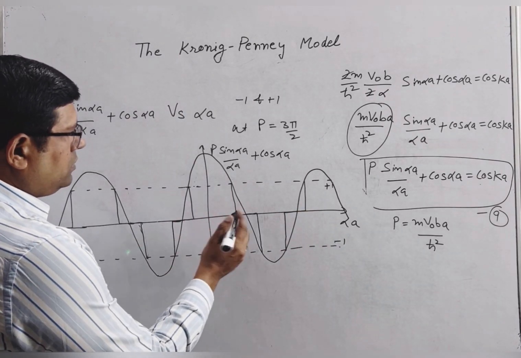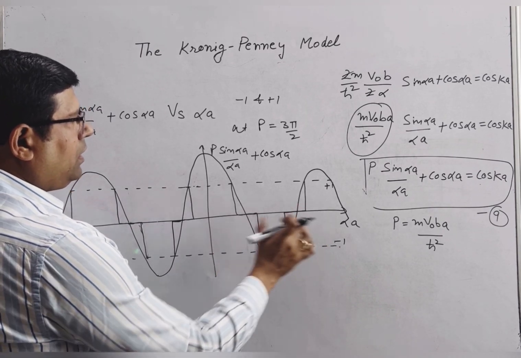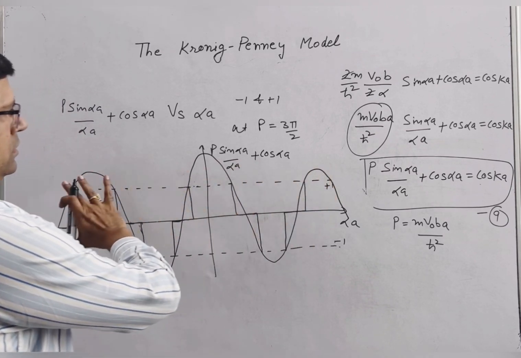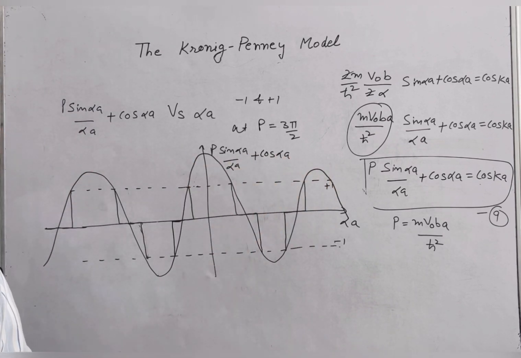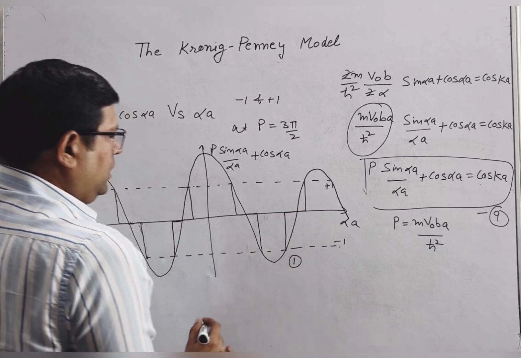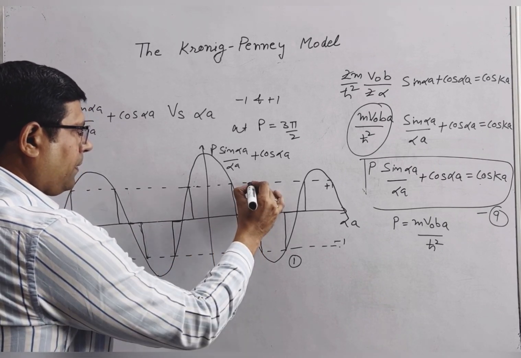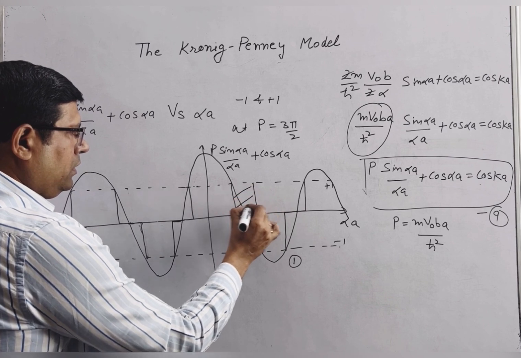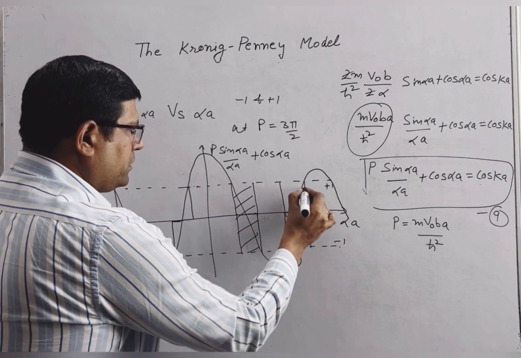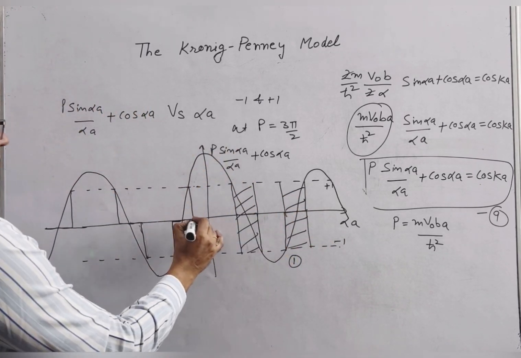Now, only the values shown by these solid lines are permissible. Now, we will conclude from this diagram. Number one is that there are allowed bands. These shaded portions are allowed bands separated by forbidden bands.